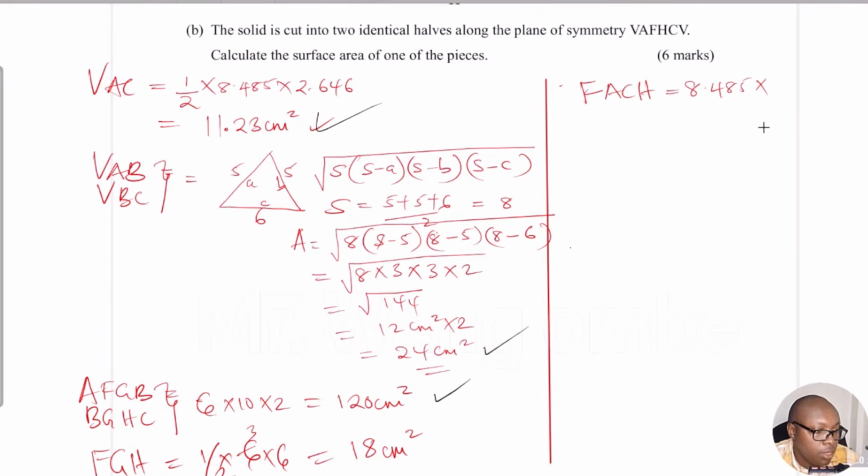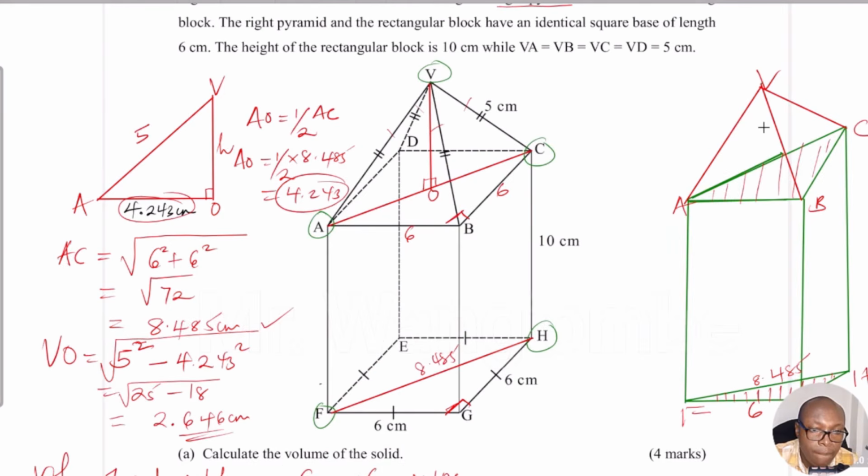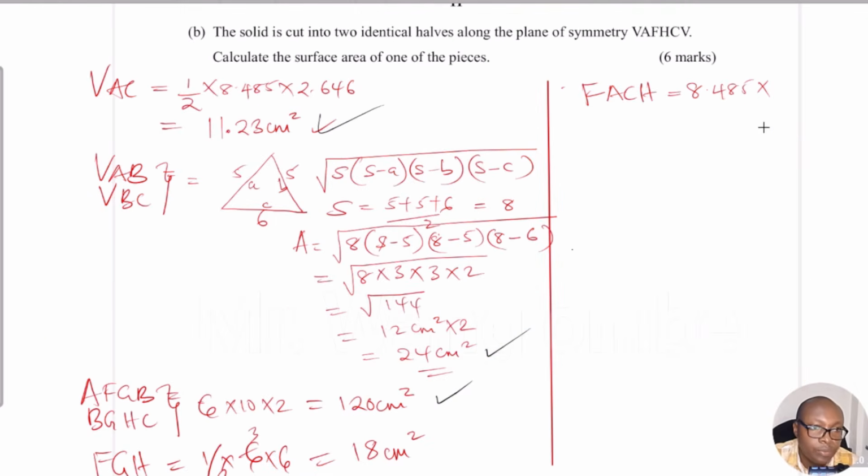That is the width, and then the length is CH or AF, which is 10. So this gives 84.85 centimeters squared. Now we have all the faces.